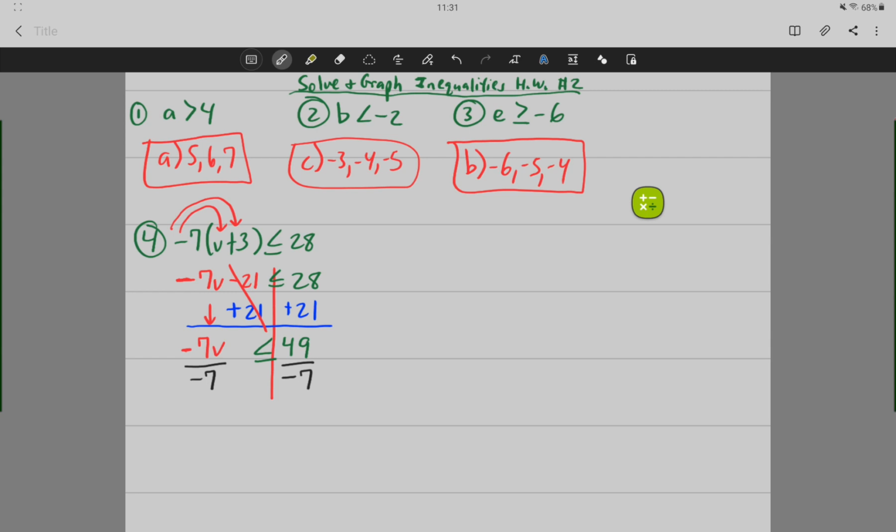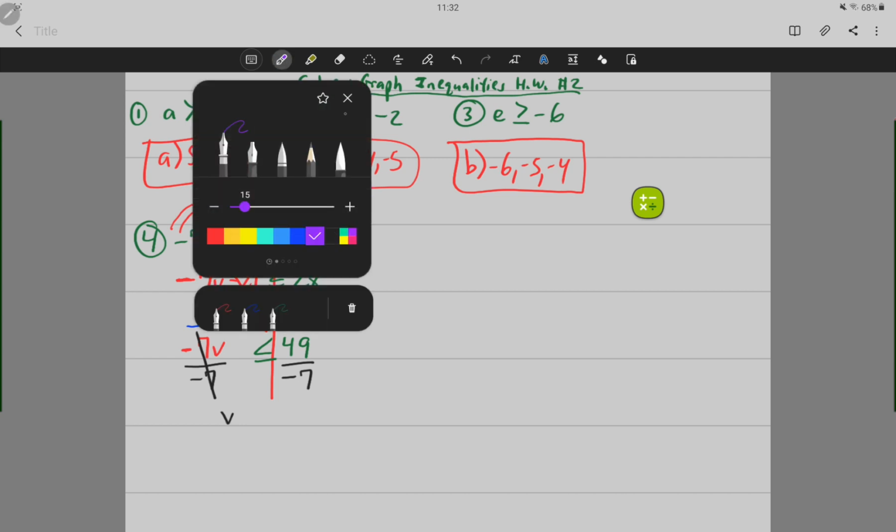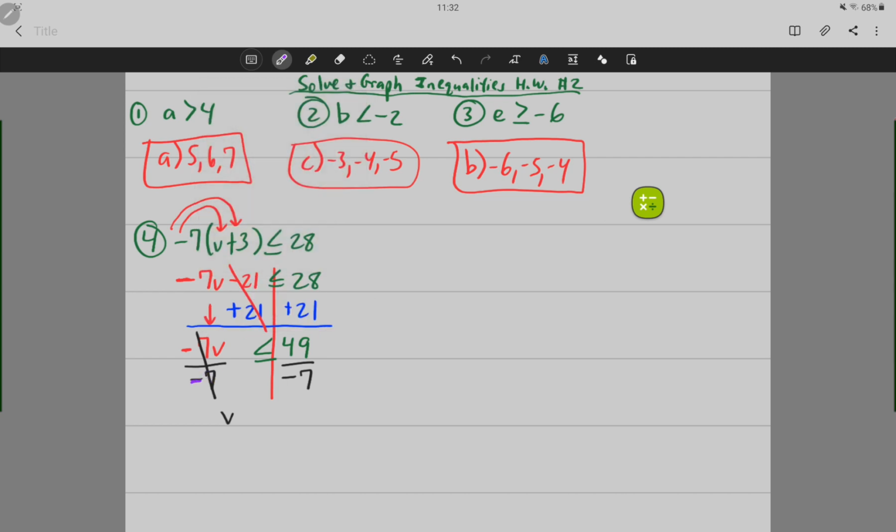Divided by -7. Let me just give you a different color. See how the negative is here in the bottom? -7, -7, we're dividing.